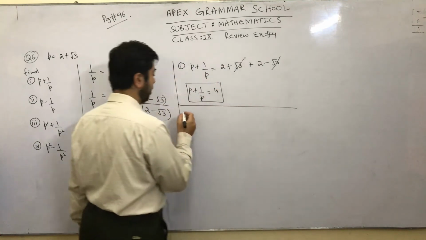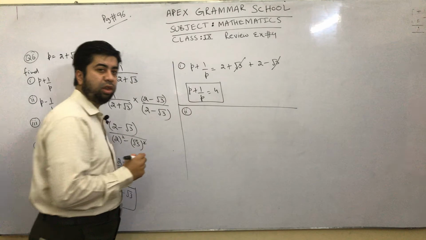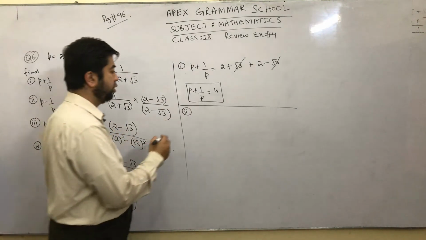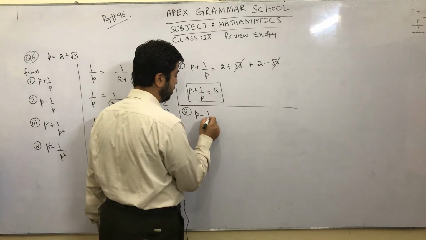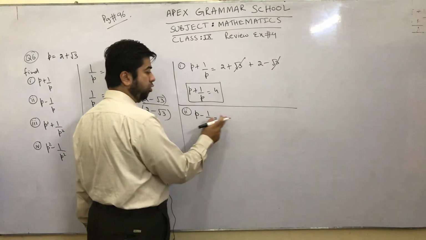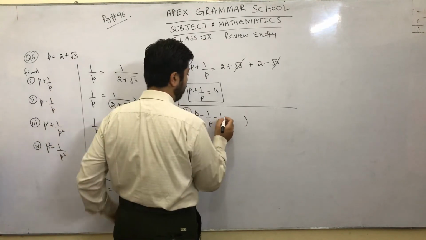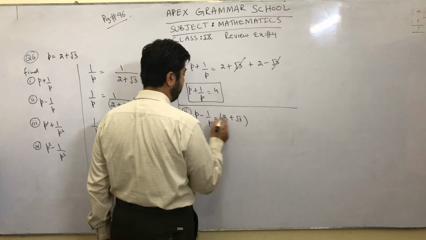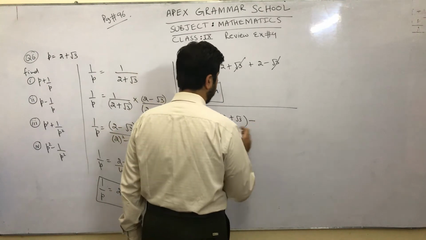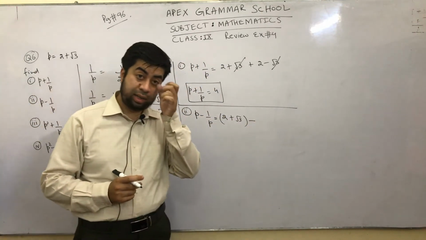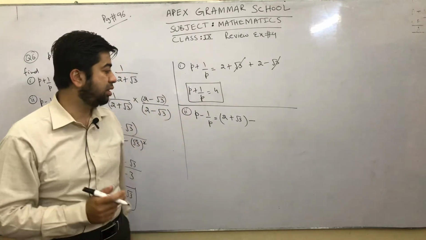Okay. After that, you have to find p minus 1 over p. Same situation. Put the value of p here. What is the value of p? That is 2 plus square root 3. And after that apply the minus sign. After the minus sign, you know that you have to write each and every expression within brackets.